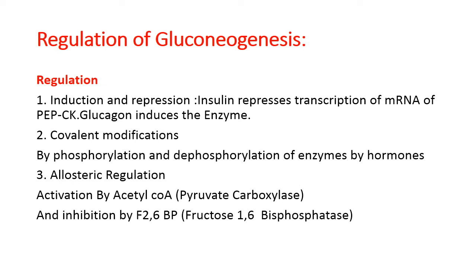Short-term regulation can take place via covalent modification, as well as allosteric regulation via activation by acetyl coenzyme A, and allosteric inhibition of the enzyme pyruvate carboxylase by fructose 2,6-bisphosphate. These are the important steps or points of gluconeogenesis.